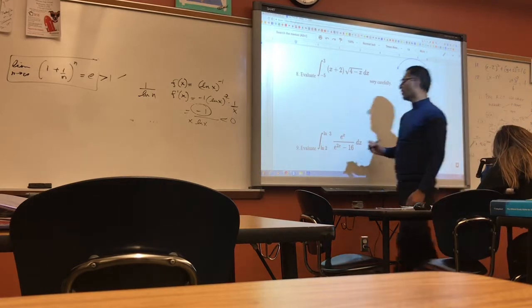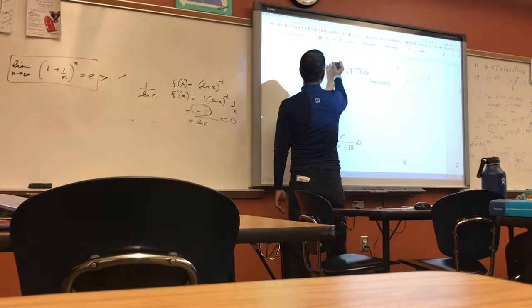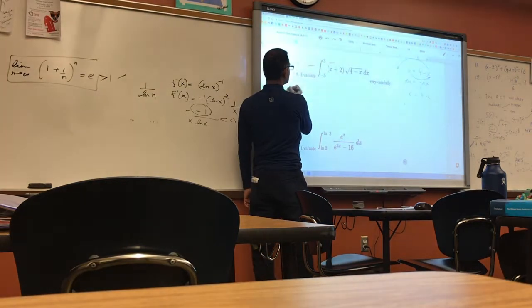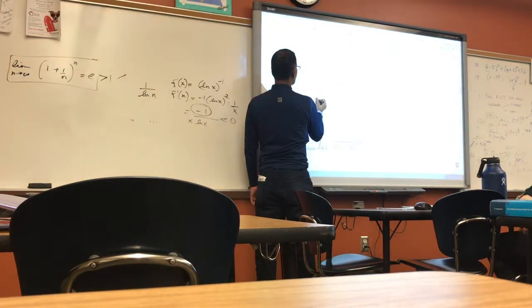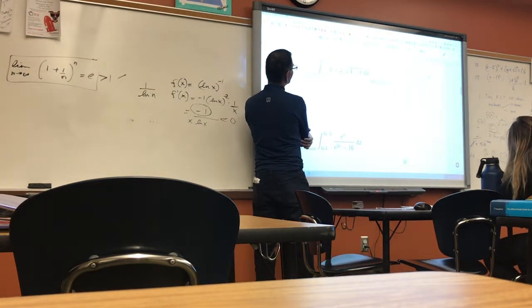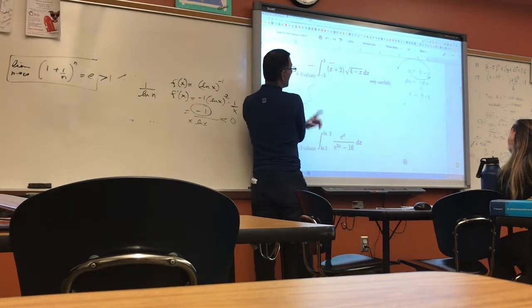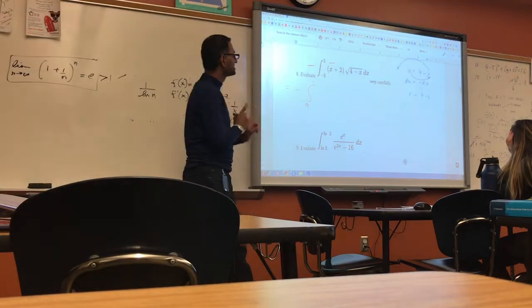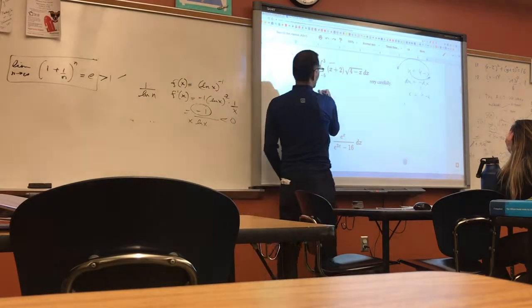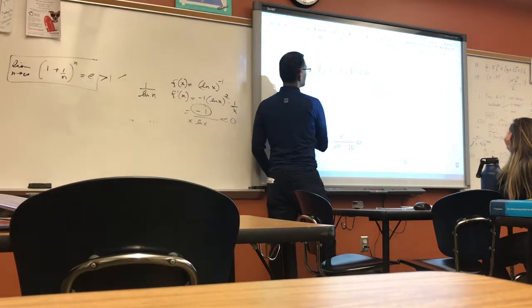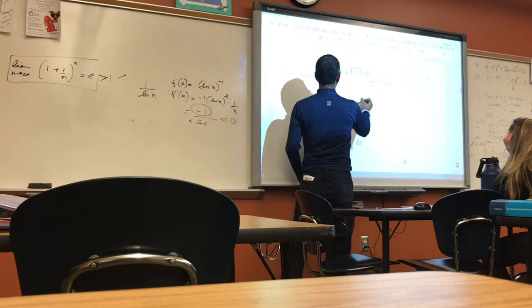Okay, I'll plug it in. By the way, smart kids, should I introduce a negative sign and then balance it? Careful. Negative. What's your upper limit? 1. Very careful. What's your lower limit? 9. All right. So change the limit. So x is 4 minus u plus 2, radical u, du.